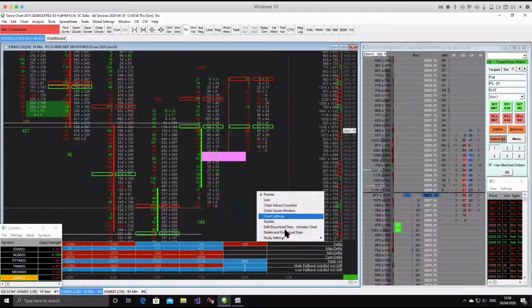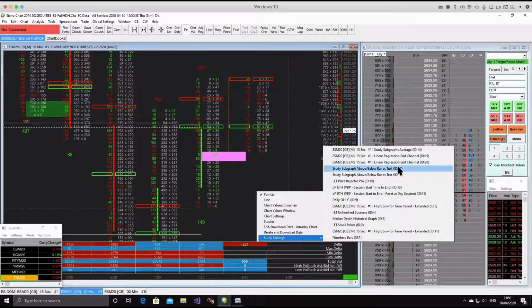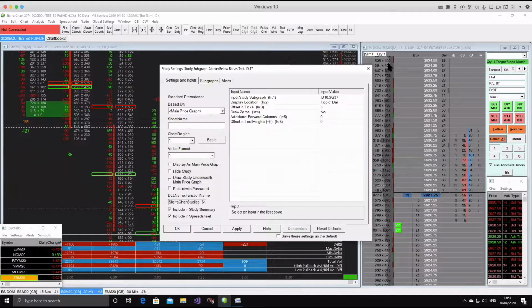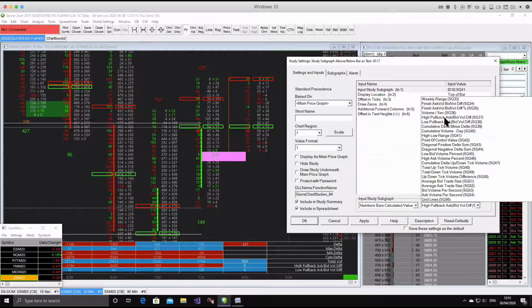I'm using study price overlay, study subgraph above below bar as text. I'm using this study, which will take a subgraph from another study and paint it above or below a bar to pull in numbers bars calculated values, high pullback ask bid volume difference.